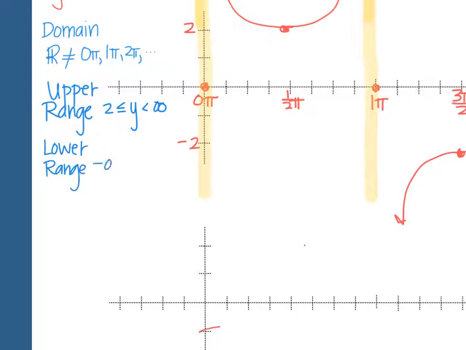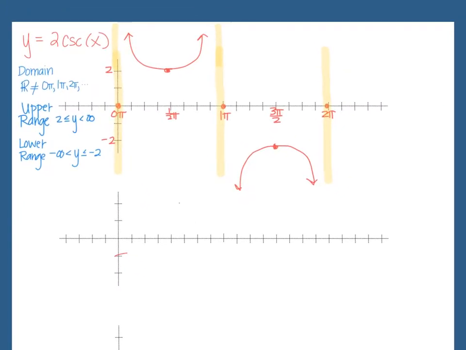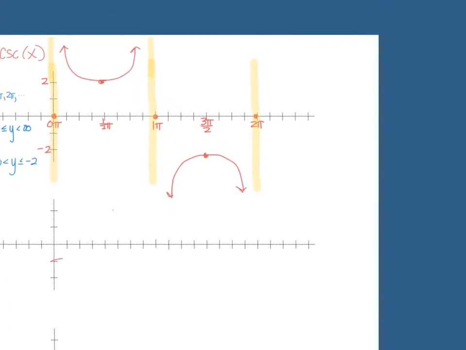The lowest of that one is negative infinity, less than y, not less than or equal to, just less than y. And then the highest of that stops at negative 2. Okay, and that is the graph of cosecant. And then that cycle continues over and over and over again. And so if you were to draw additional pieces of this graph, you would have another upper branch followed by an equally spaced lower branch, and that cycle just continues over and over and over again.